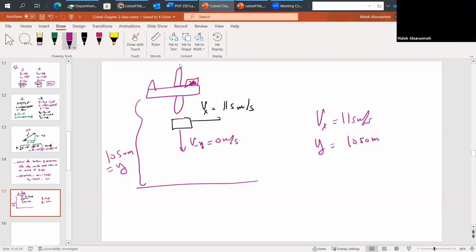Now your package is actually going downwards. That means it has an acceleration in the y direction, which is going to be minus 9.8 meters per second squared. So a of y equals minus 9.8 meters per second squared.